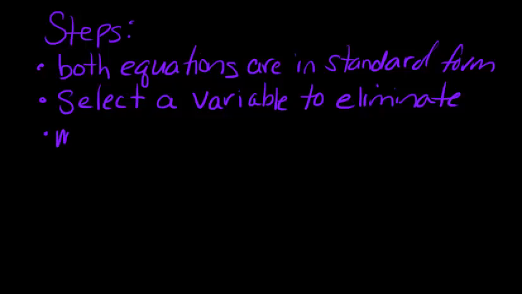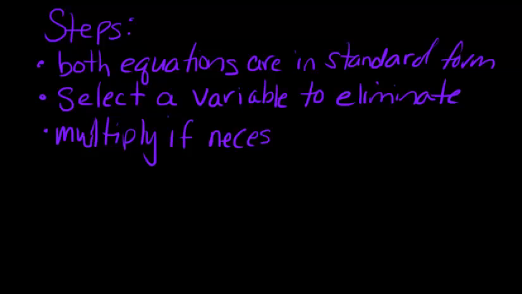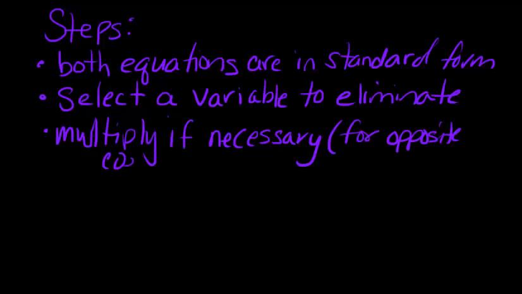So we'll just write multiply if necessary, and we'll write for opposite coefficients. Okay? Then we eliminate a variable by adding.